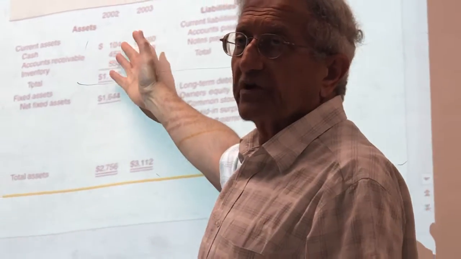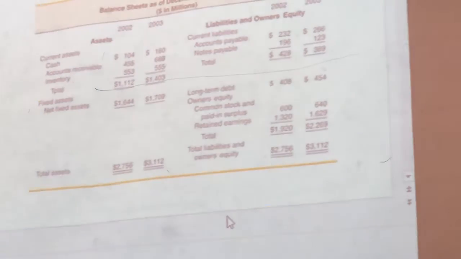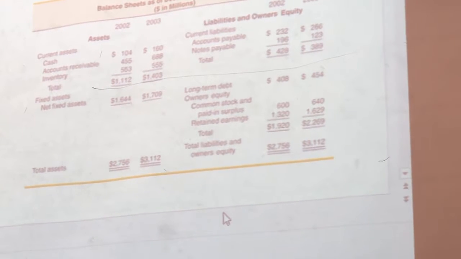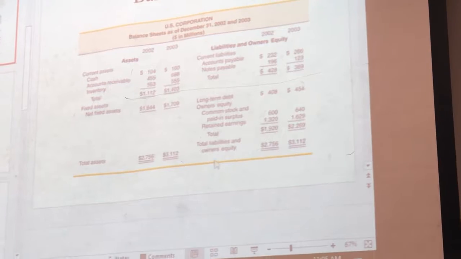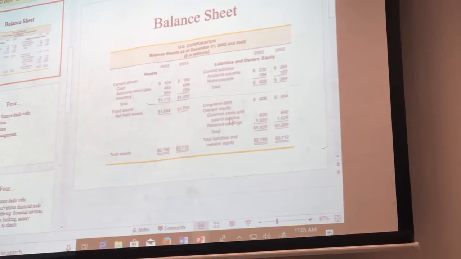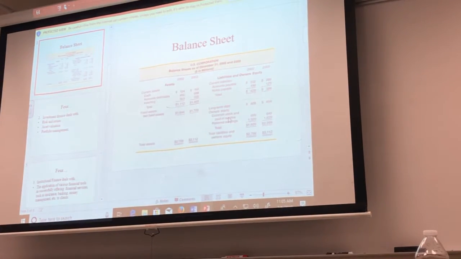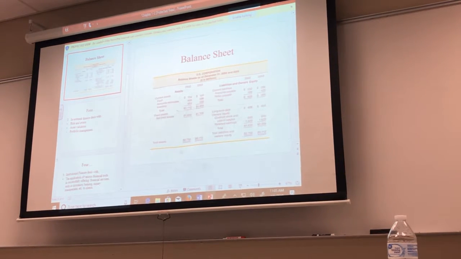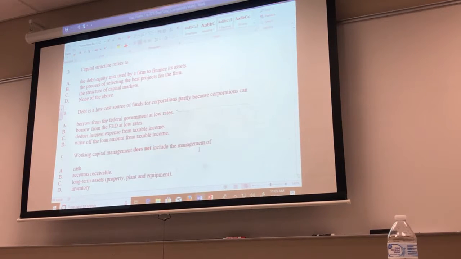So working capital management does not include the management of property, plant, equipment, because by definition, as you'll recall, life is more than a year for property, plant, equipment, whereas for current assets, life is 1 year or less. Okay, so the correct choice was C. Okay, number 5. Does anyone have any questions on the quiz?